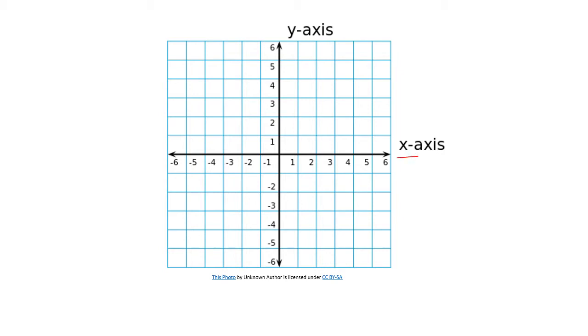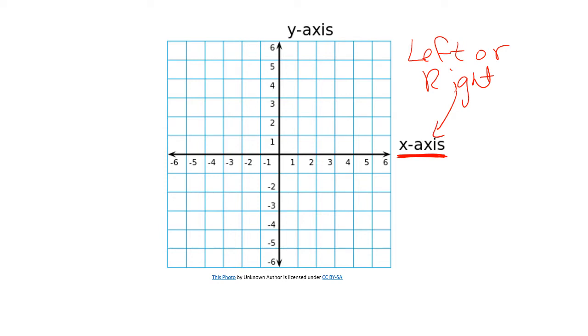First of all, the x-axis is our horizontal axis, which means if I were going to move along that line, I would be moving left or right. So when you read the words left or right, it is referring to something happening to the x.